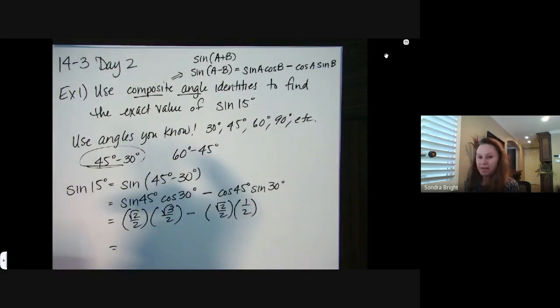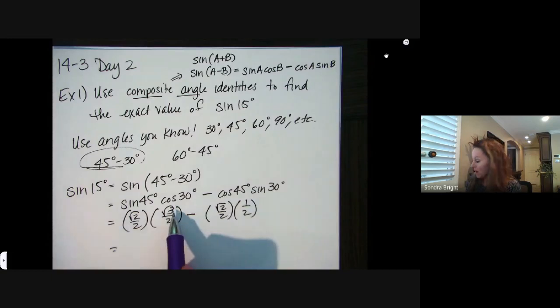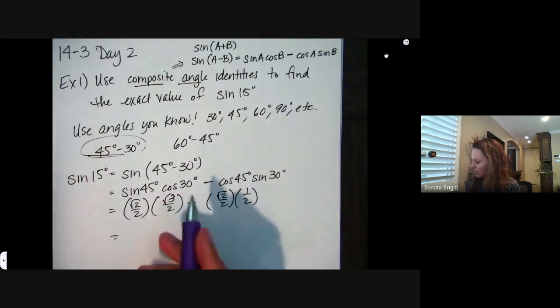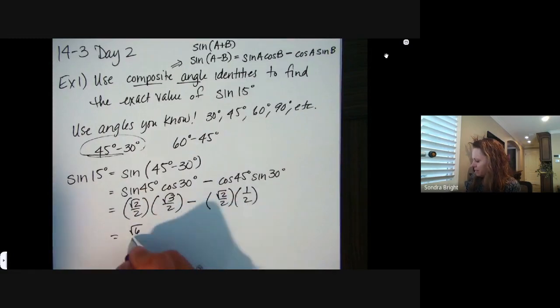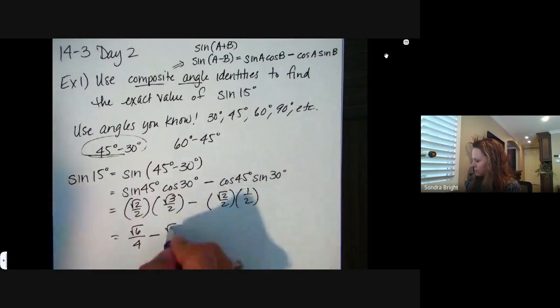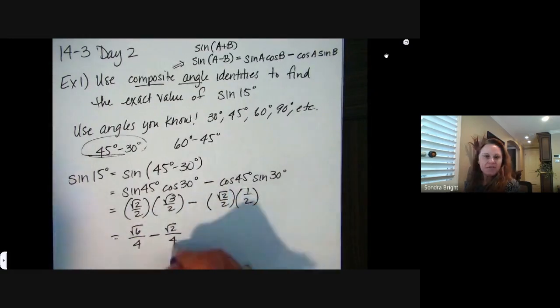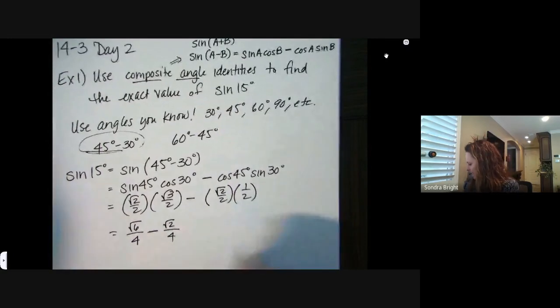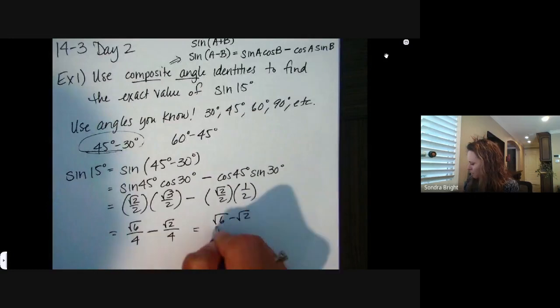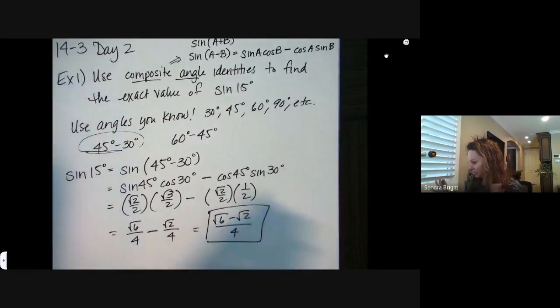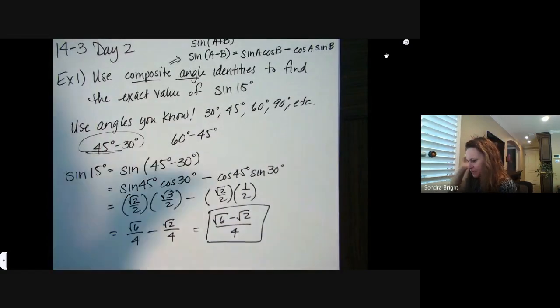So rad 2 times rad 3, how you multiply radicals is, they're both square roots, so you can go rad 2 times 3, so rad 6 over 2 times 2 is 4, minus rad 2 times 1 over 2 times 2. They both have the same denominator, so that would be my last step, is just to write them over the same denominator as a single fraction. All right, there's your exact value of sine of 15 degrees.